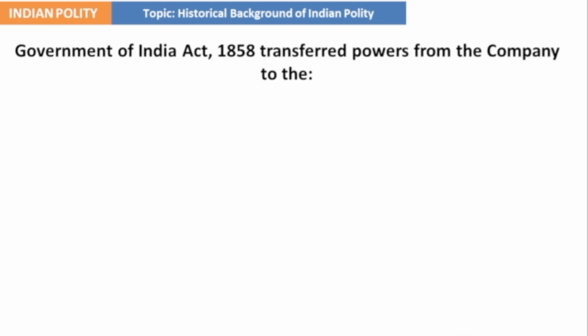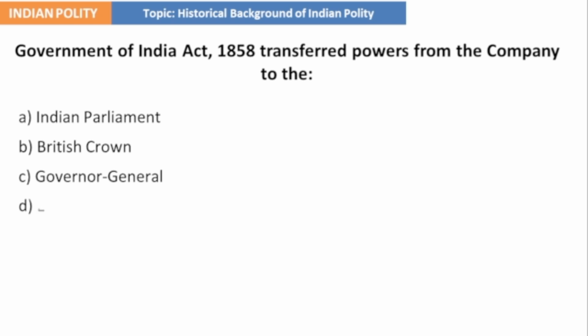Government of India Act 1858 transferred powers from the company to the... and the answer is option B, British Crown.